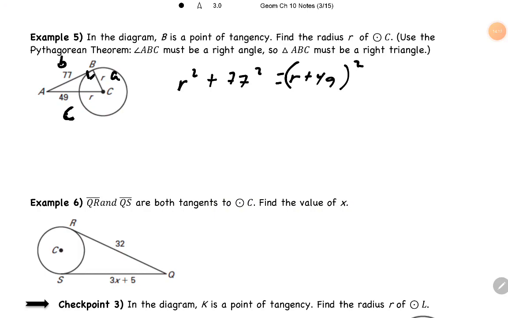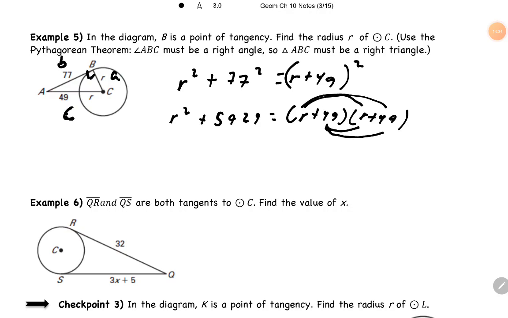Okay. So I have r squared plus big number 5,929. Okay, and then remember, this is r plus 49 times the quantity r plus 49. So we go ahead and do FOIL. And that'll give us r squared plus 49r plus 49r plus 49 times 49, which is 2,401.